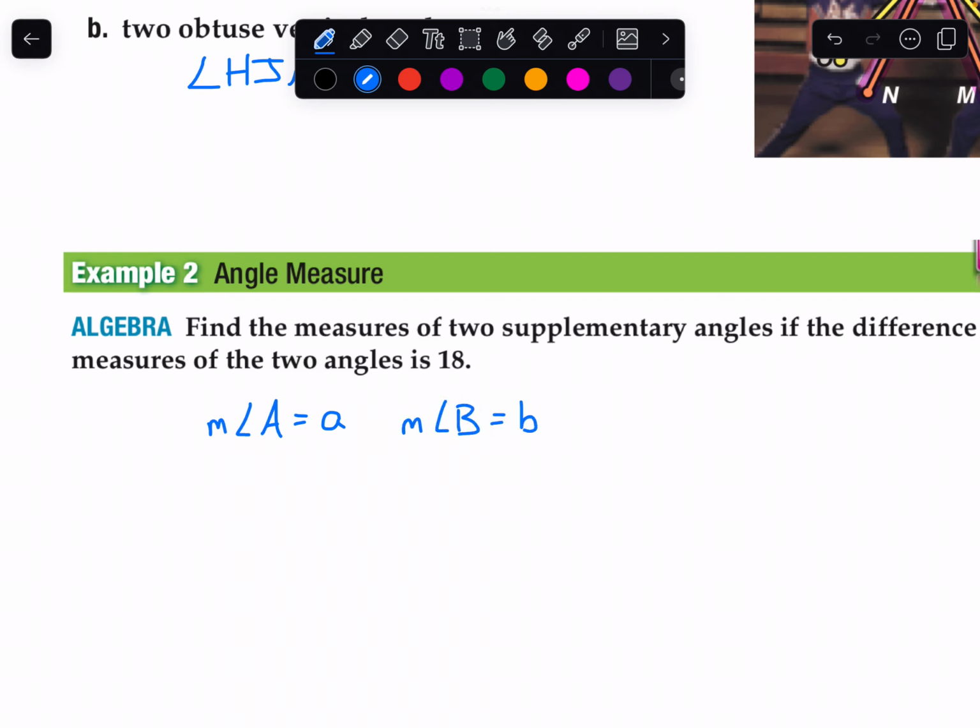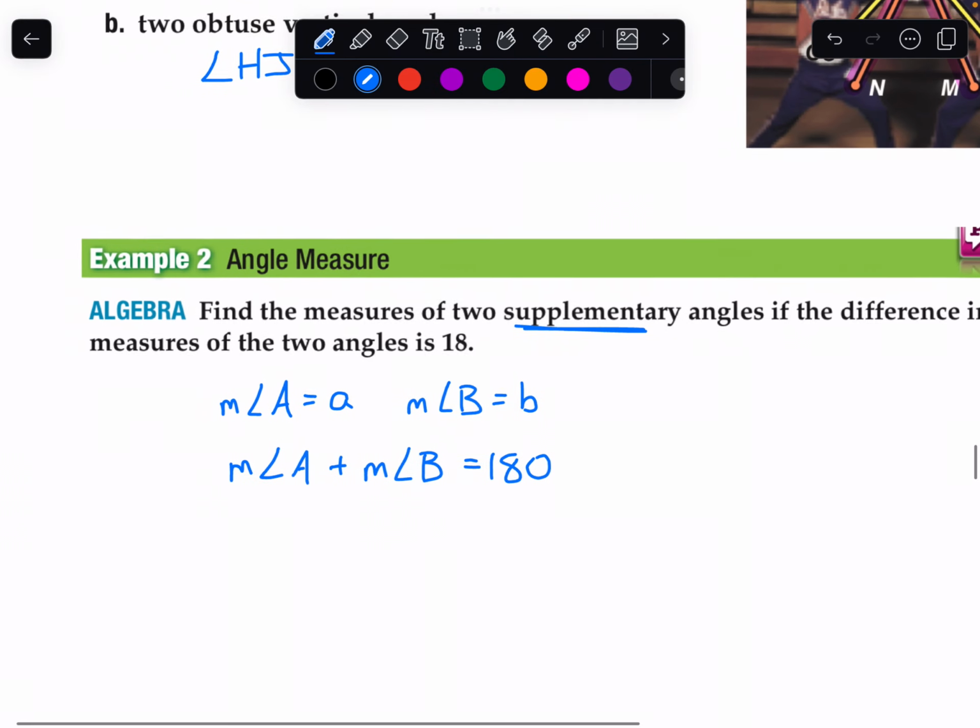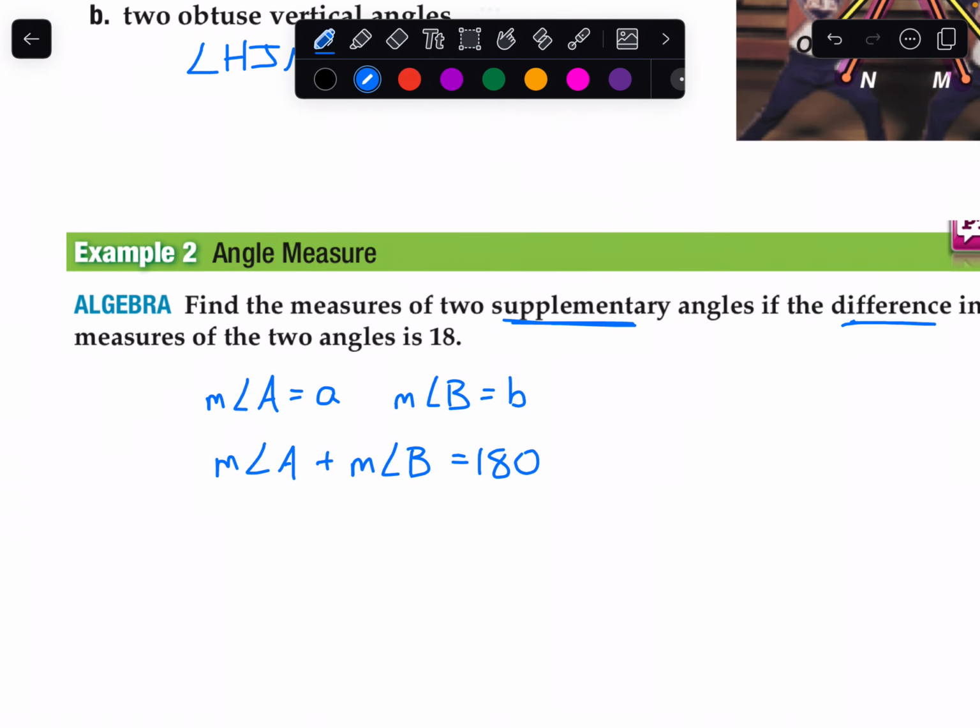If they are supplementary angles, that means the measure of angle A plus the measure of angle B equals 180. And the difference is 18.